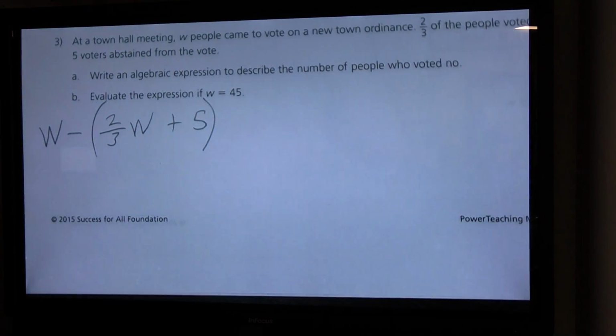If 2/3 voted yes, what fraction voted no? If 2/3 vote yes, then how much does that leave us of the whole? 1/3.